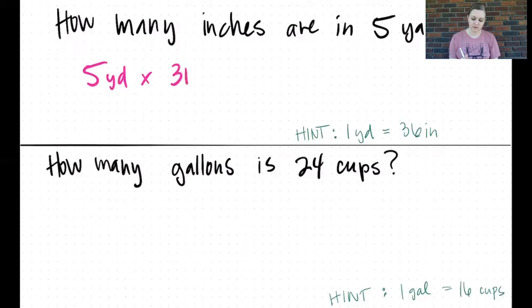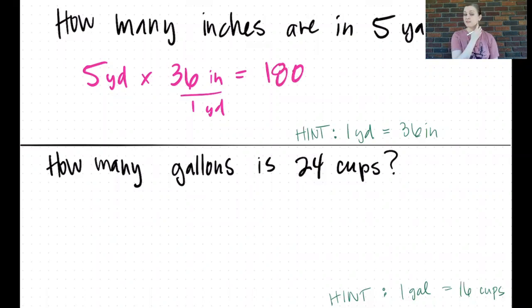So I am multiplying by the 36, 36 inches per 1 yard is really what it is. That's the ratio that I'm doing. So when I multiply straight across here, I get 5 times 36, which I need to use my calculator for because I don't have that in my head. And I should get 180. You should have gotten 180. Now, this should be inches. Remember we're going from yards to inches.